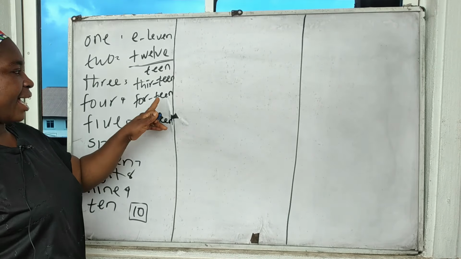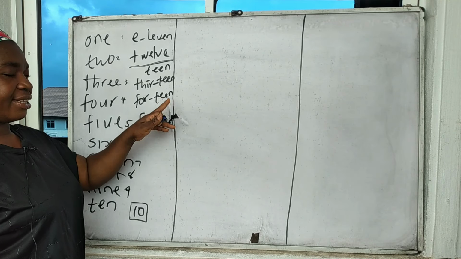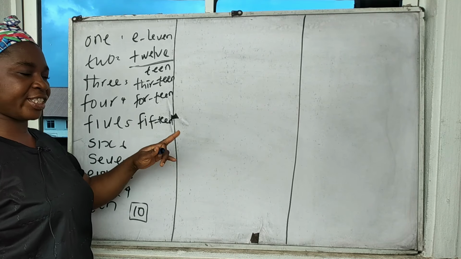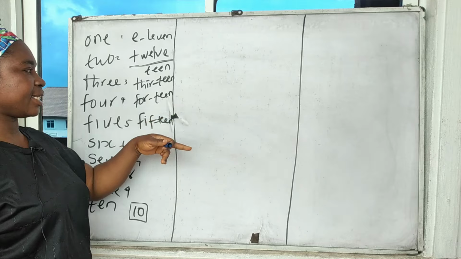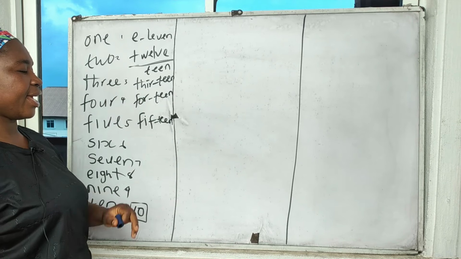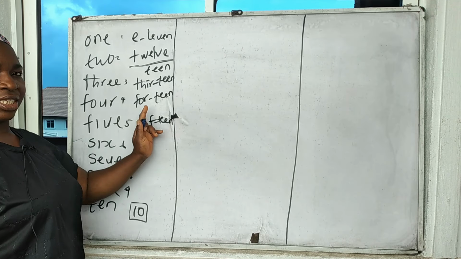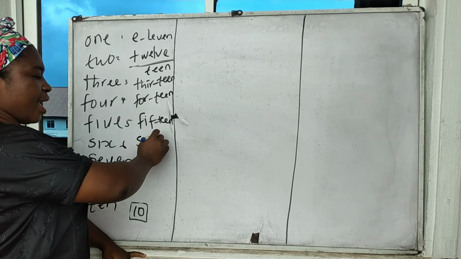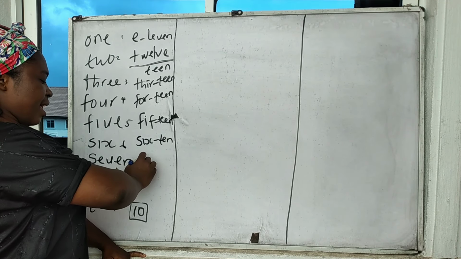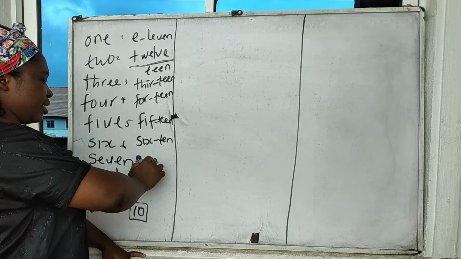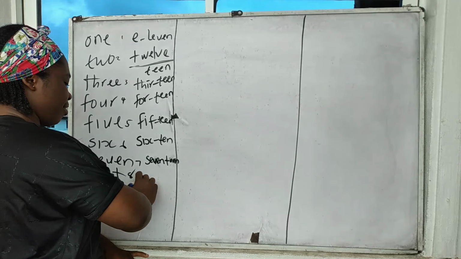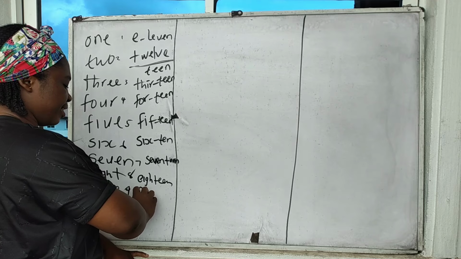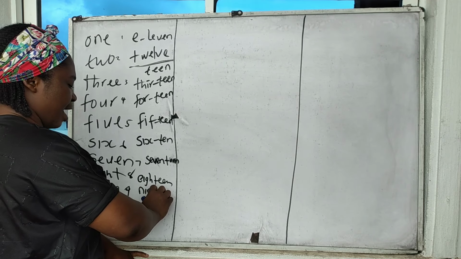Remember 10, TEEN, we have 13, 14, 15. So it moves on like that. We have 16, we have 17, as well as the 8, we have 18. It goes like that. We have 19, and that is it.